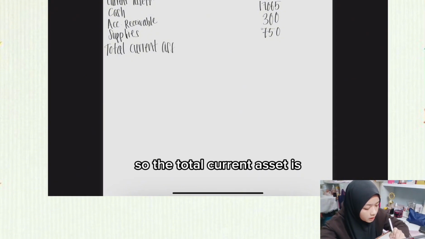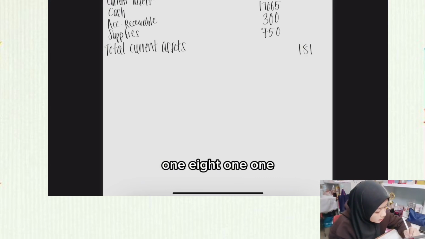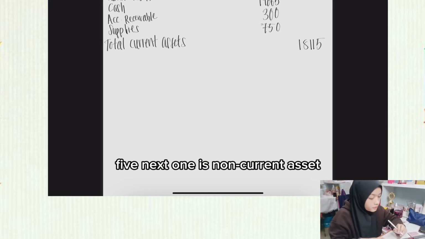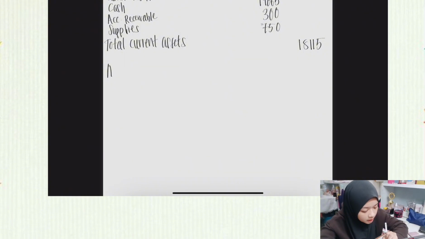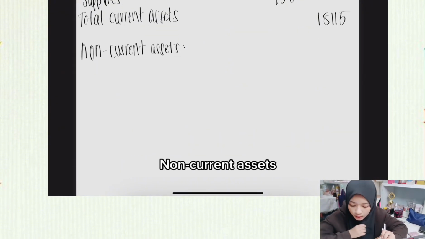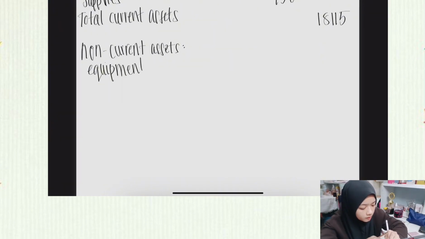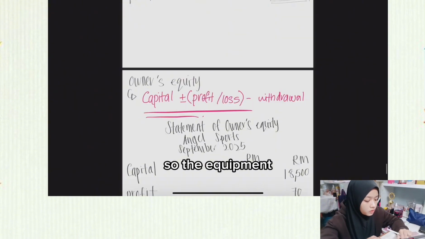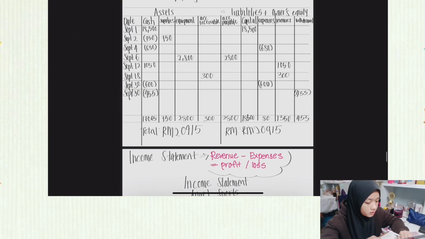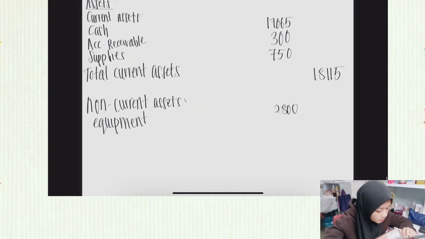So the total current asset is 18115. Next one is non-current asset. Non-current asset is equipment. So the equipment 2,800 ringgit.